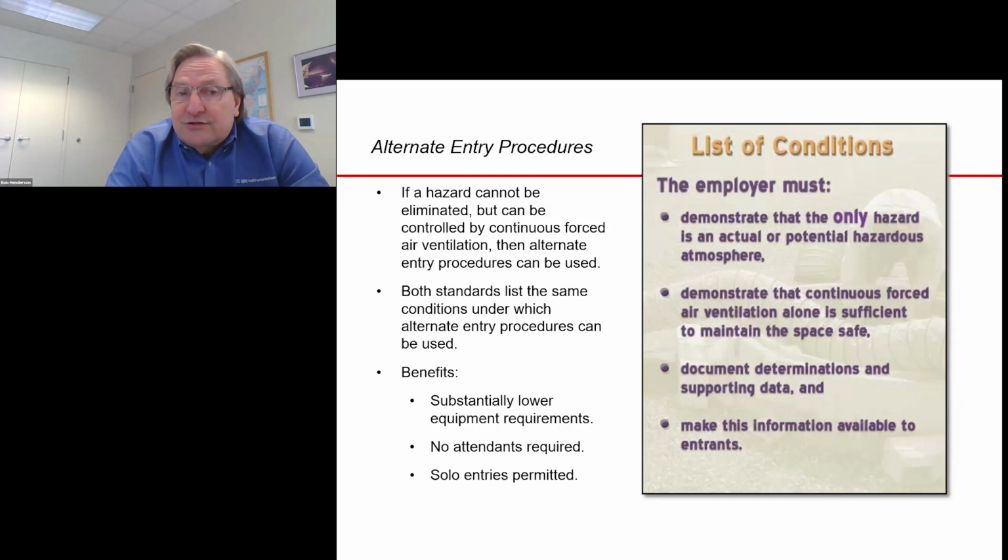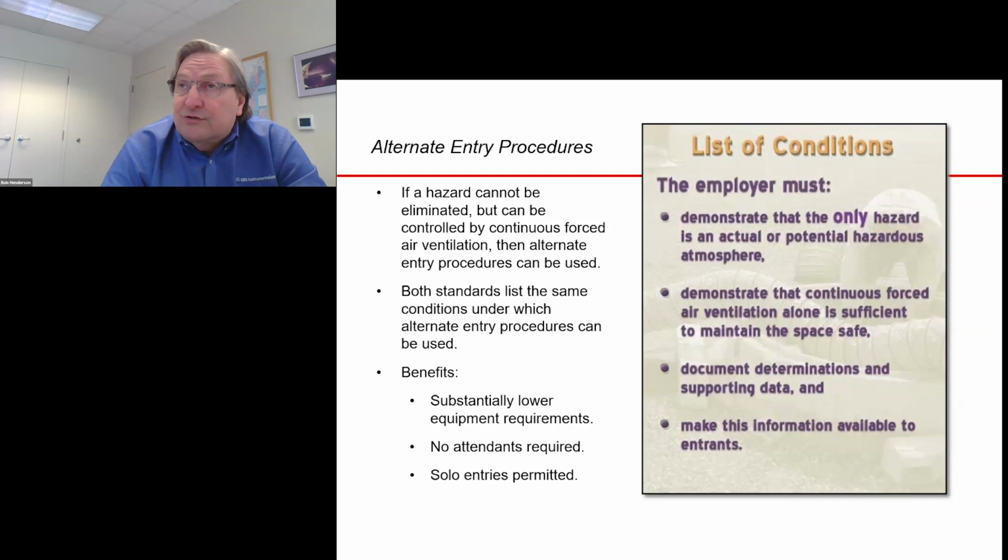Alternate entry procedures. This is a really useful approach in a lot of cases. It maintains worker safety. It's an acceptable way of dealing with confined spaces where the hazards are exclusively atmospheric and where you can completely ensure the safety of the atmosphere for workers through the use of continuous ventilation.